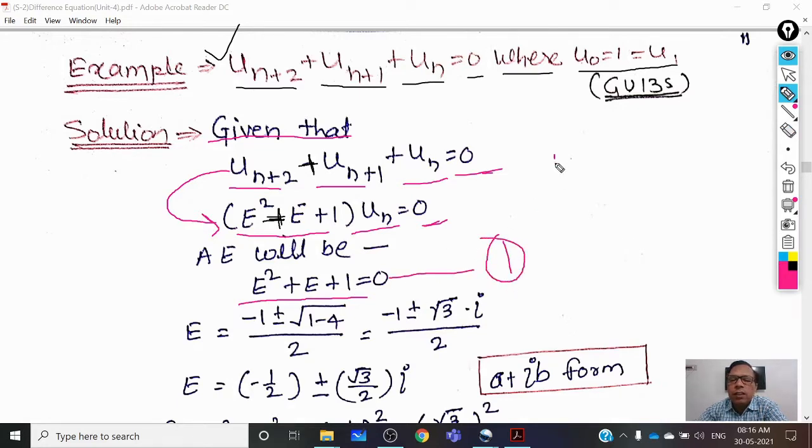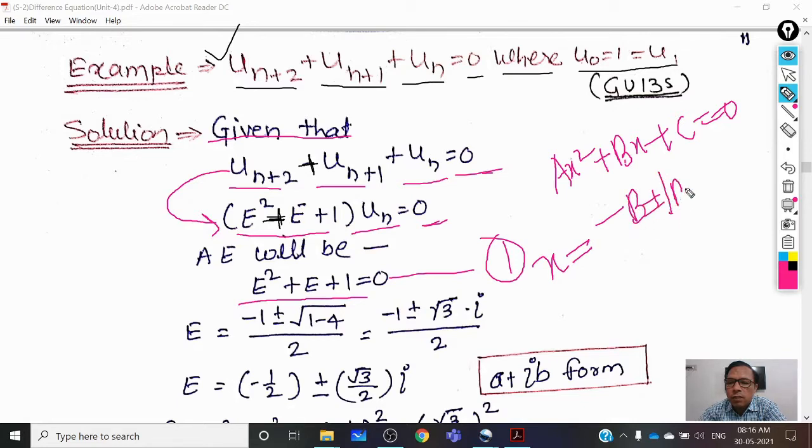On factorizing, by using the discriminant formula for ax^2 + bx + c = 0, x equals minus b plus minus under root b^2 minus 4ac upon 2a, this equation can be factorized.